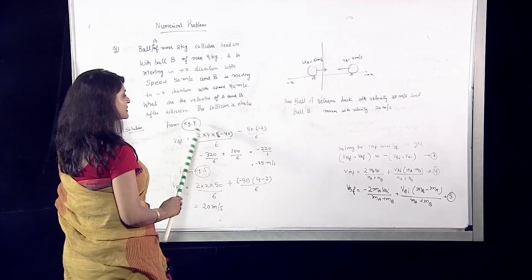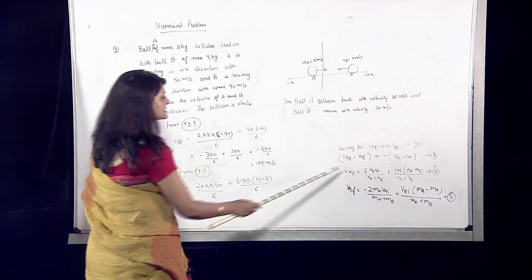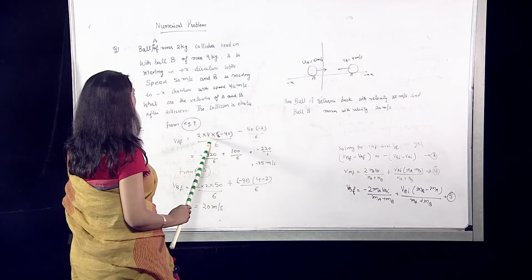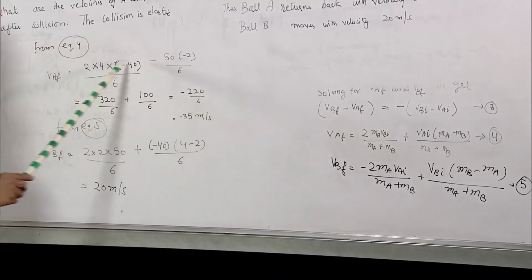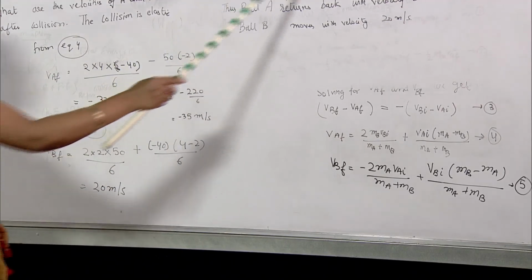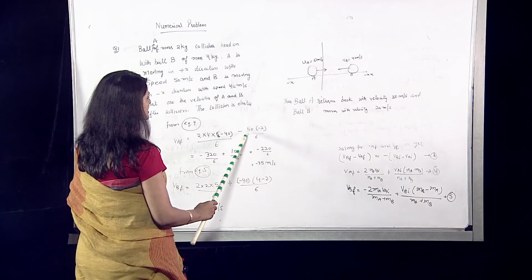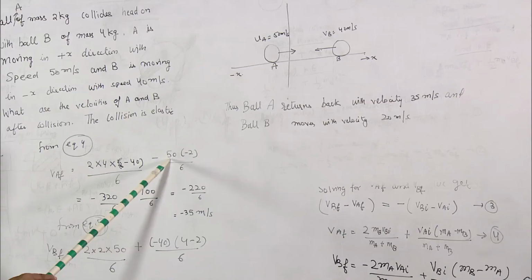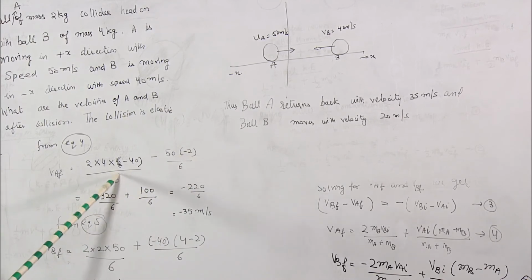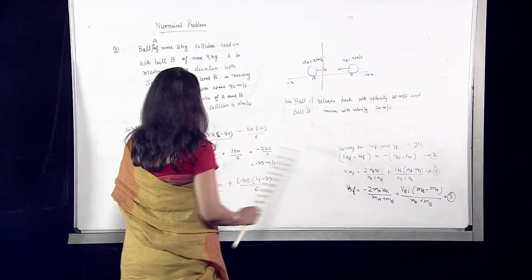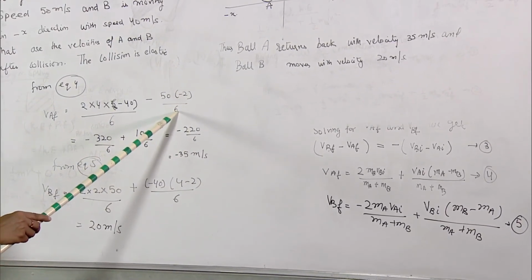From this equation we substitute the values: 2, then MB, the mass of ball B, which is 4, then the initial velocity of ball B, which is minus 40 because it is moving in the negative x direction, minus the initial velocity of ball A, that is 50, and MA minus MB is minus 2, divided by MA plus MB, that is 6.